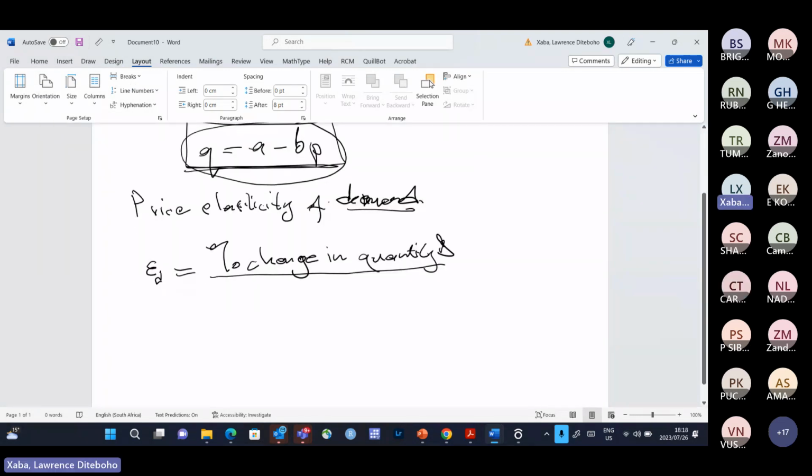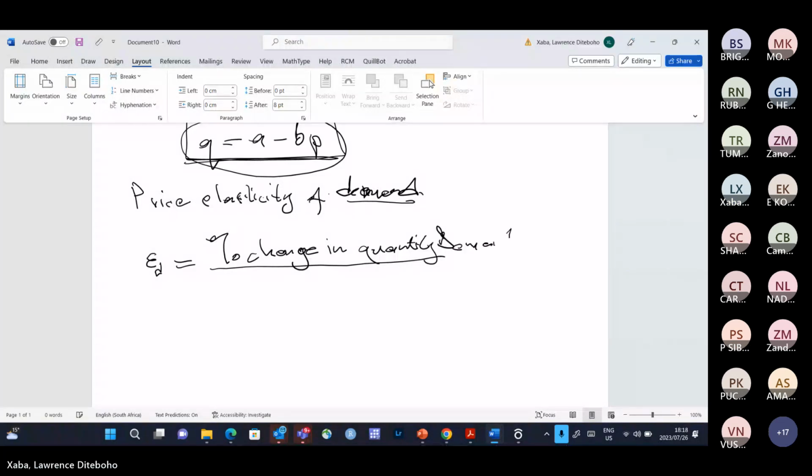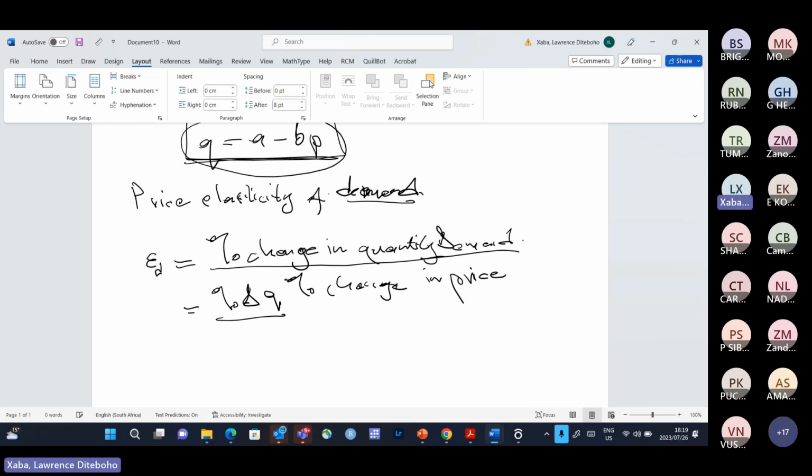Okay, it's better. The denominator there will be the percent change in price. So we say equals 100% change in Q over 100% change in P.